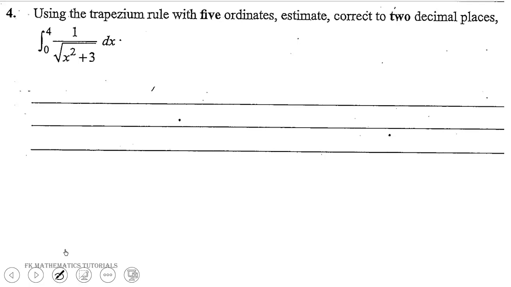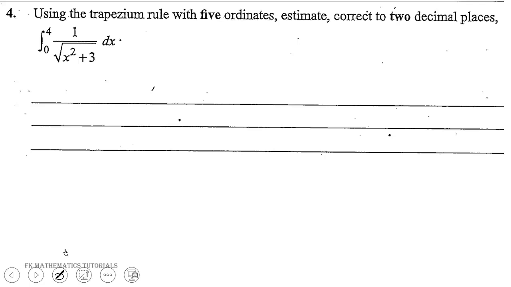Question 4 says, using the trapezium rule with 5 ordinates, estimate correct to 2 decimal places the integral from 0 to 4 of 1 over the square root of x squared plus 3 dx.